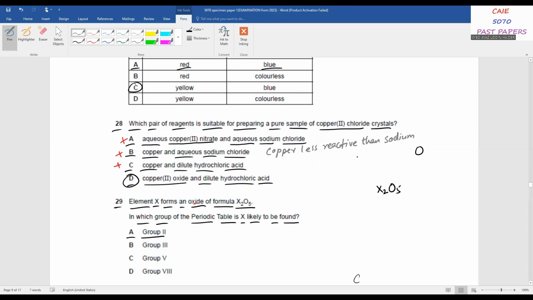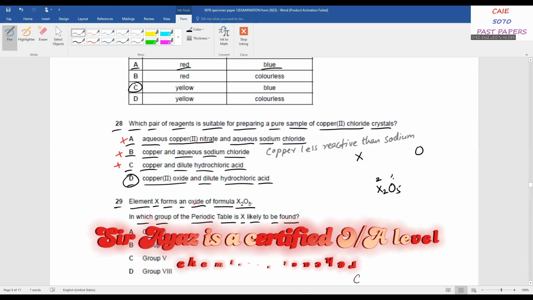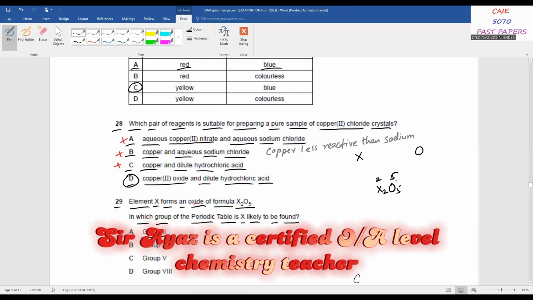If you place oxygen and X in this way, look at their number of atoms. I'm putting these numbers on the top of each atom. X2, oxygen 5. Now these will be subscripts. These will be exchanged before getting the final formula. So this 2 is definitely coming from oxygen and 5 is coming from X.